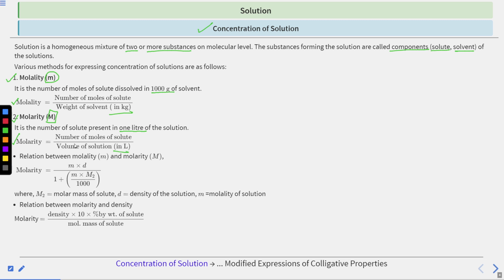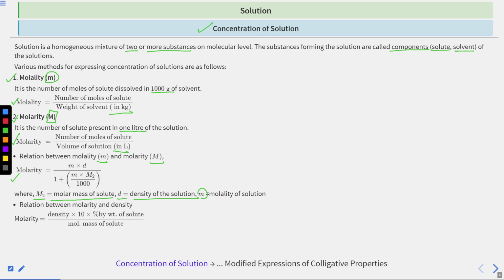The relationship between molality and molarity is given by this formula: M equals molality multiplied by the density D, divided by 1 plus the product of molality and molar mass of solute divided by 1000. Here M2 is the molar mass of solute and D is the density of the solution.